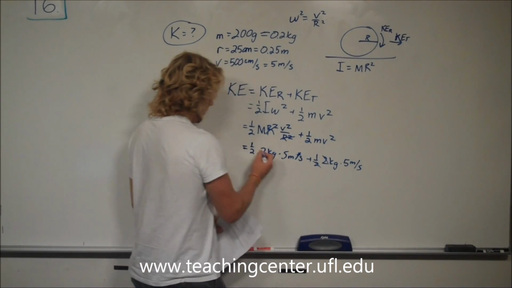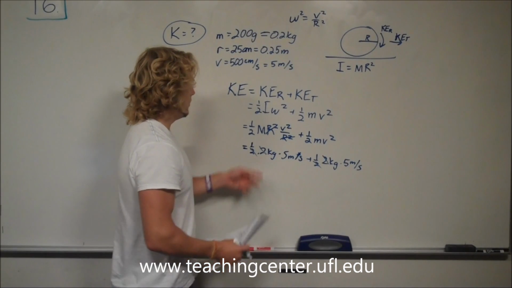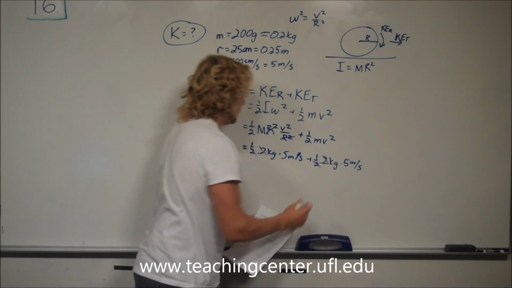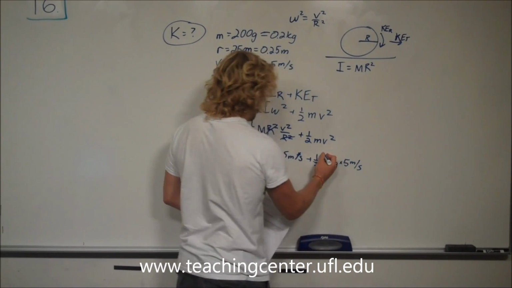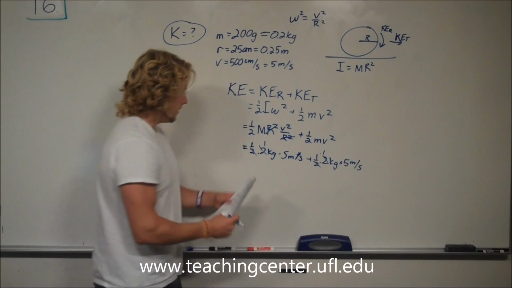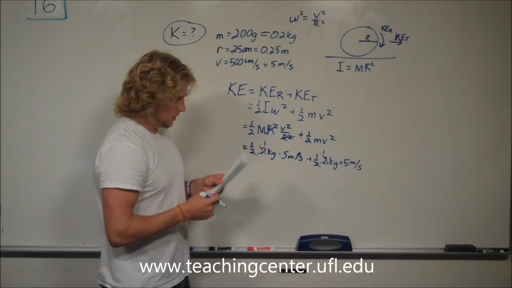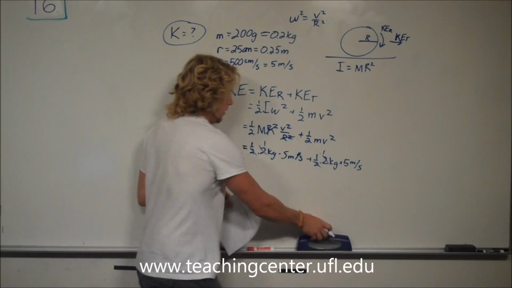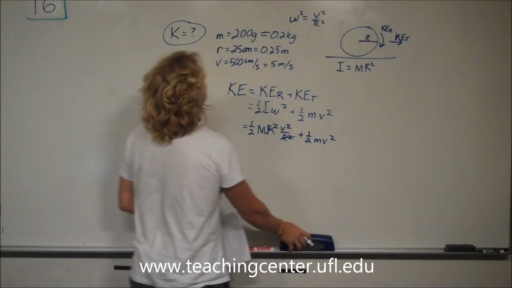These are 0.2s, so this crosses out, so it ends up being 0.1 times 5. Wait, I did this wrong. I'm sorry. Even us tutors make mistakes.